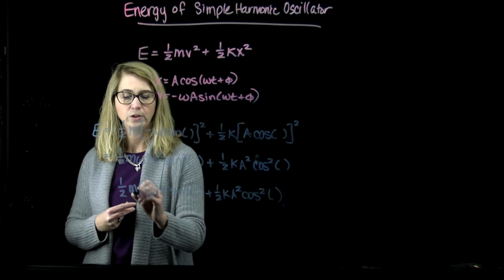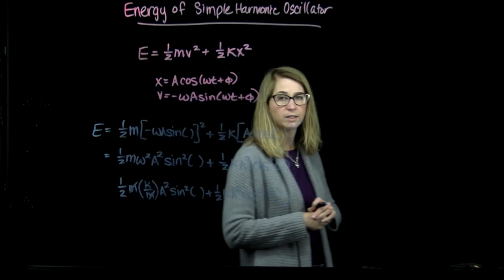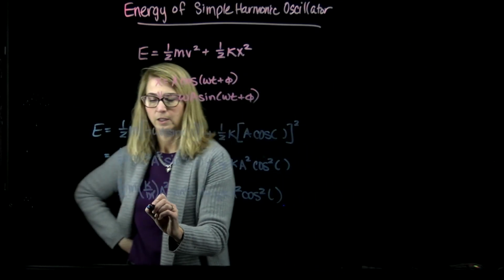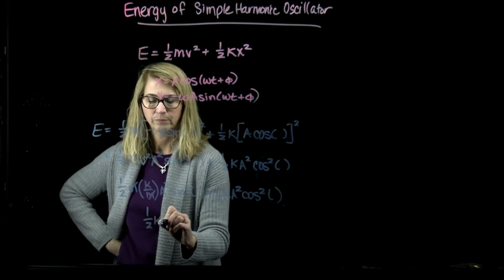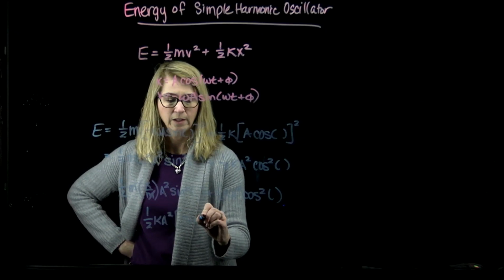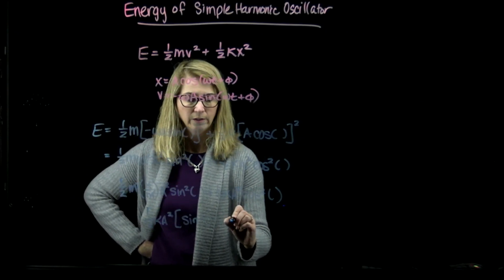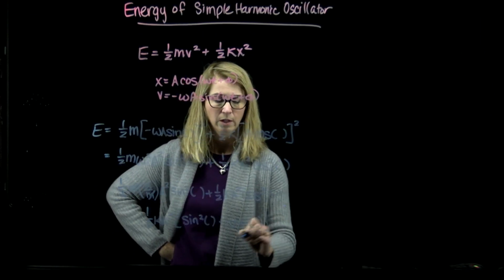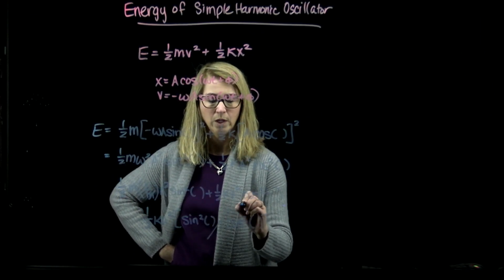what that is going to do is our mass is going to cancel out, and we're going to have 1/2 ka squared in both of these terms. And then if we factor that out, we have the term sine squared plus cosine squared, which is just equal to 1.